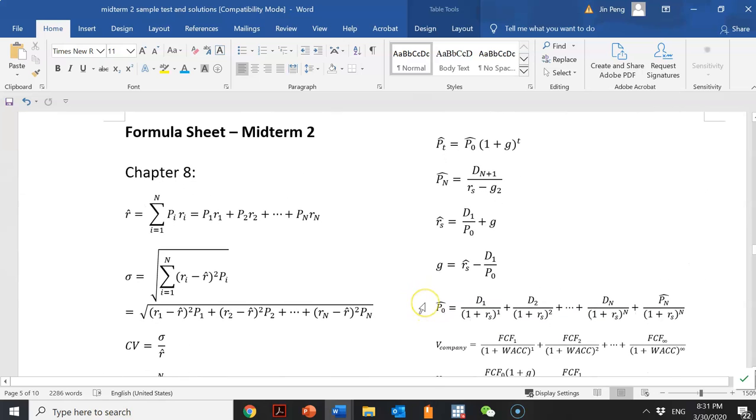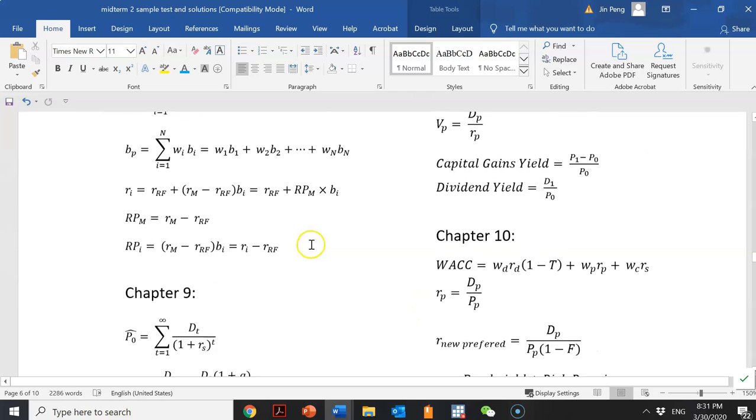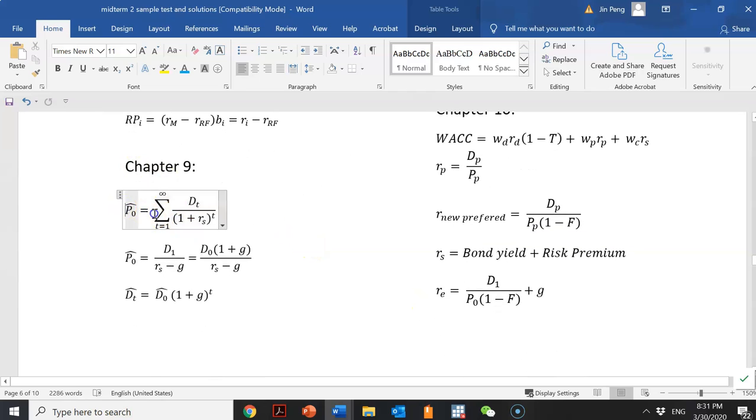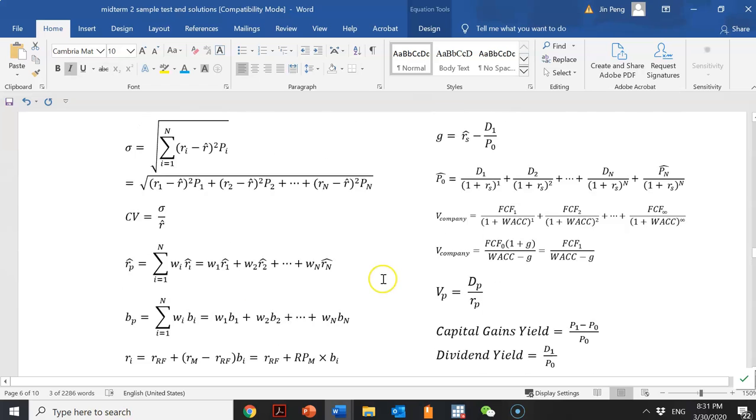Again, you can look at our formula sheet here. For chapter 9, we have the constant growth model, P0 equals all the dividends discounted. And for the constant growth model, we have D1 over Rs minus g, or D0 multiplied by 1 plus g over Rs minus g. If dividends are growing at the rate of g, then Dt equals D0 multiplied by 1 plus g to the power of t.